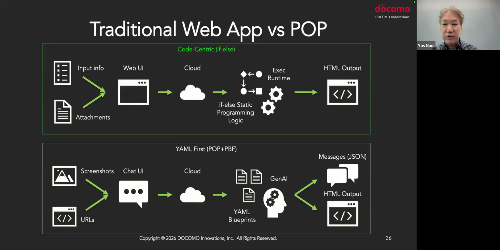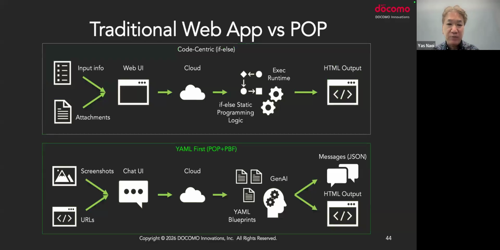This diagram shows the contrast between code-centric if-else, which is a traditional web application, and YAML-first POP. In a traditional code-centric web application, form input goes through web UI, then if-else code, then HTML output.